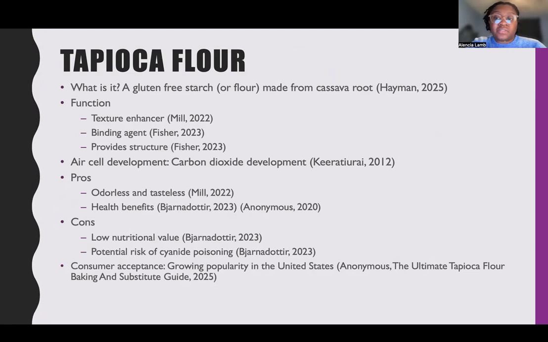Unfortunately, the low nutritional value can lead to malnutrition, rickets, or goiters. It also has the potential risk of cyanide poisoning due to processing and cooking. Another con is that it commonly has to be mixed with almond flour or coconut flour in order to maintain or gain some type of nutritional value.